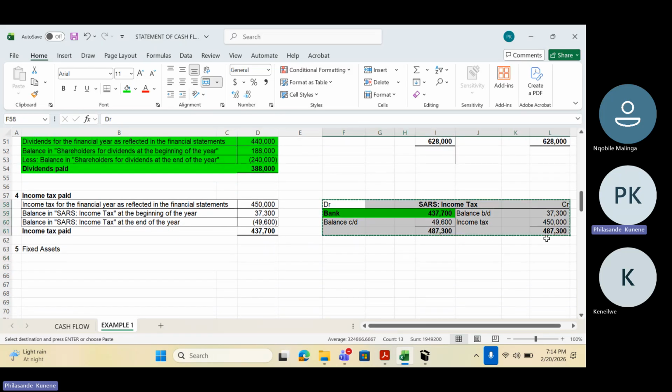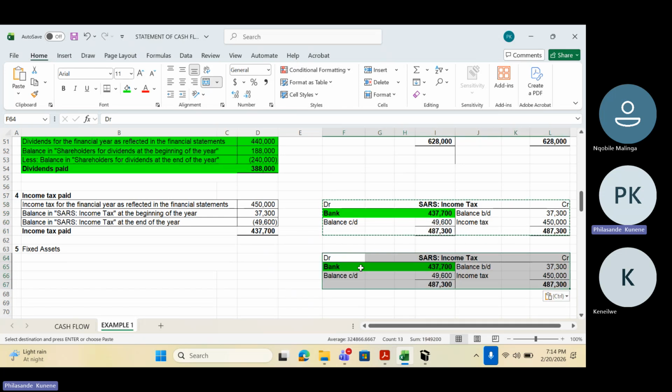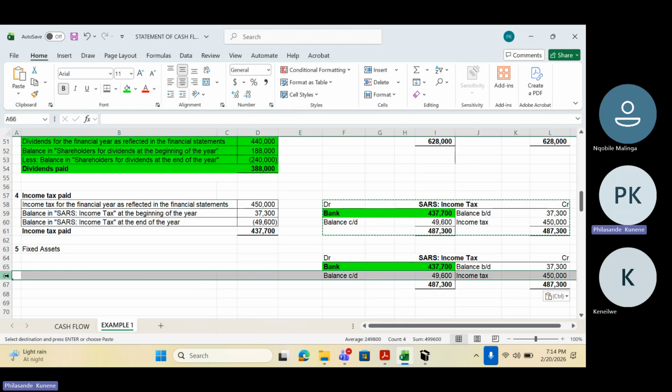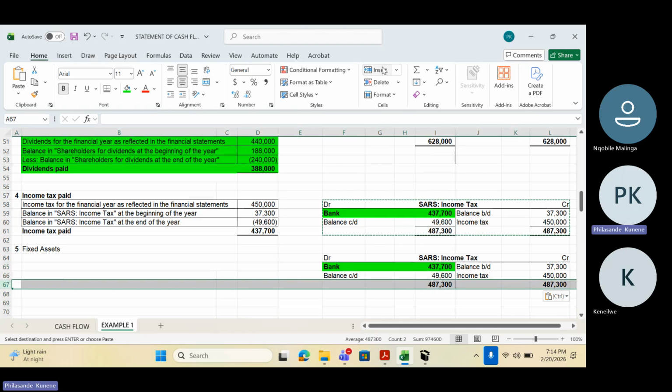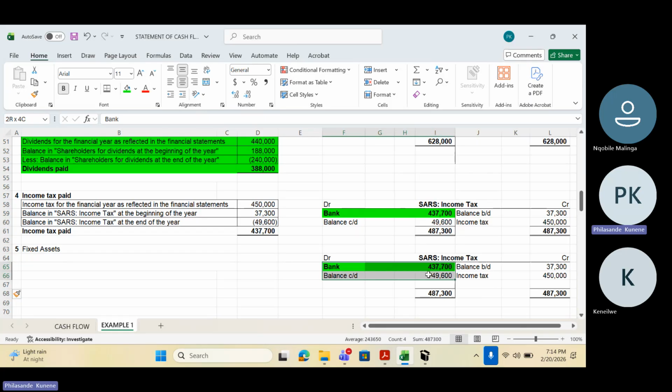Let me just show that one to you quickly. There will be a situation where you will find out that you have your opening balance and your closing balance on the same side. There's a situation where we're going to have something like this.